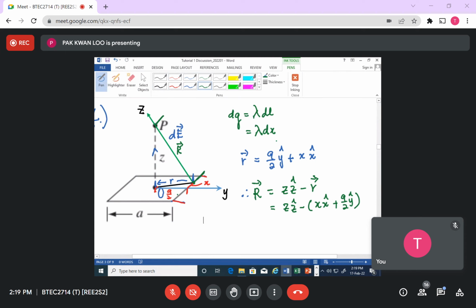But eventually, the formulation of the problem is still based on our definition of this vector here.